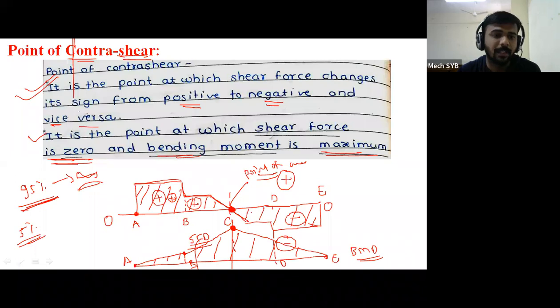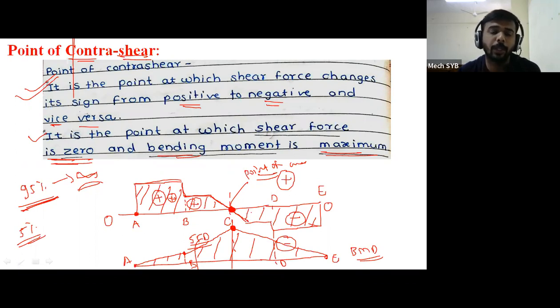But I have told 95% problems are there where both conditions are accepted, but some 4 to 5% problems are there according to the types of the load, according to the different types of the beams. So these conditions are not satisfying. ज्या ठिकाणी शिअर फोर्स 0 आलेला आहे त्या ठिकाणी काही प्रॉब्लेम मध्ये बेंडिंग मोमेंट मॅक्सिमम येत नाही.